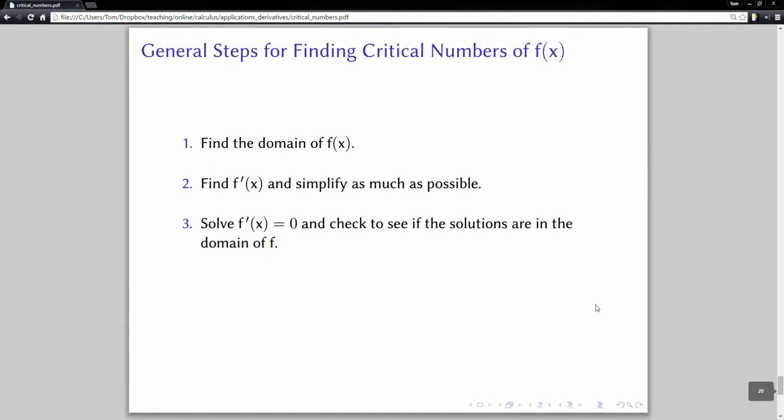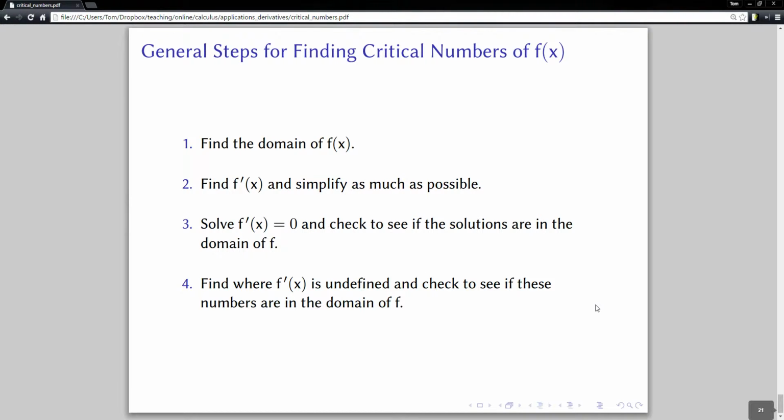Once you do that, solve the equation f prime of x is equal to 0 and check to see that those solutions are in the domain of your function. If they are, then they're critical numbers. If they're not in the domain, then they're not critical numbers. Finally, you need to find where the derivative is undefined and check to see if those numbers are in the domain of f. We didn't have to do that in this first example, but in the next 2 examples, I'll show you how.